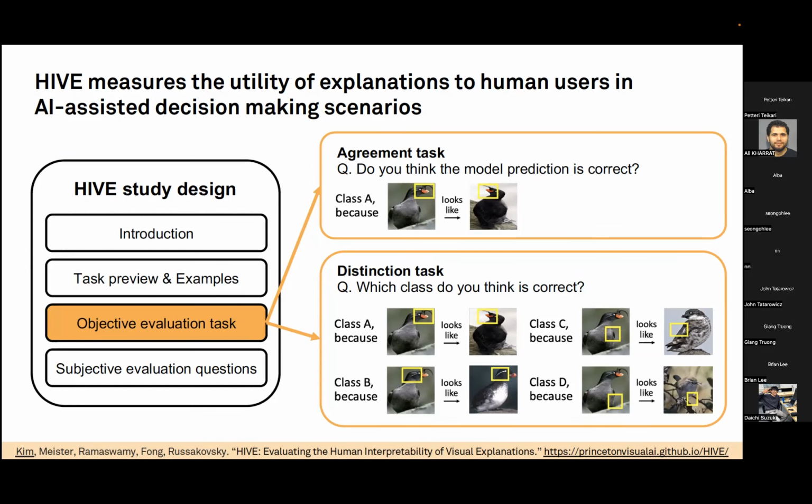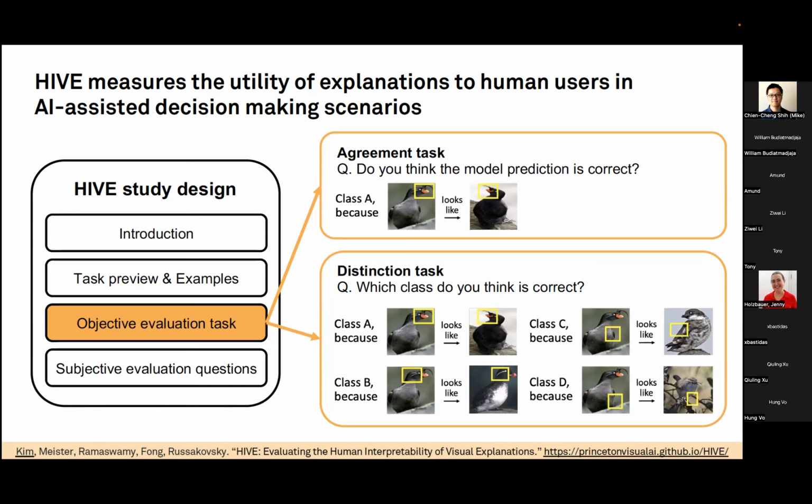In particular, we focus on whether explanations can help us distinguish between correct and incorrect predictions and design two tasks for this purpose. So we first have an agreement task where we show an image, a model's prediction, and then an explanation for the prediction, and ask the users whether they think the model prediction is correct based on the explanations.